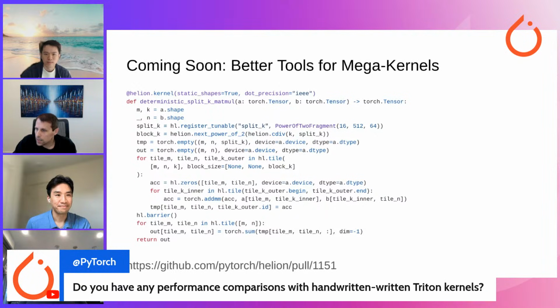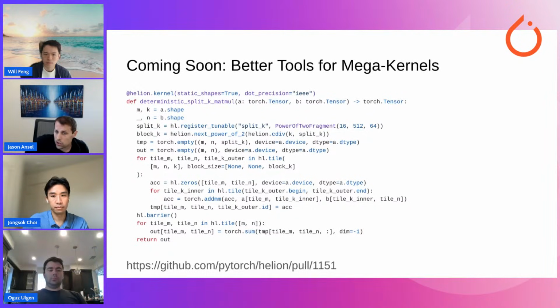Getting back to mega-kernels, we already have pretty good support for synchronization and communication within a single SM. One of the gaps there is cross-SM synchronization and communication. In Helion, you can have multiple top-level HL.tile loops, and this automatically gets mapped either into a switch statement which decides what each SM will do, or it gets automatically turned into a persistent kernel.